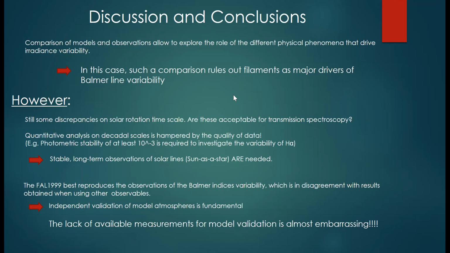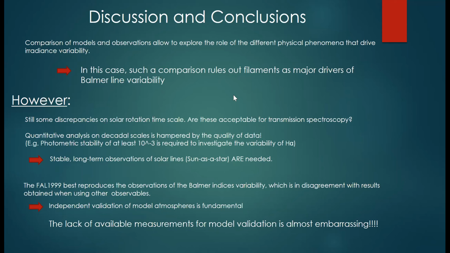However, this seems to be in contrast to results that we obtain when we look at other observables. And this, of course, from a theoretical point of view, is unacceptable. It also points to the fact that it's very important to validate our models with independent sets of observations. But even here we have a big problem, which is that the lack of available measurements for this type of validation is almost embarrassing.